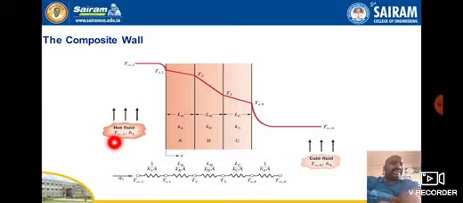To balance the energy equation, we can use this formula. The thermal resistances are: 1 divided by h1A, then for the solid materials LA by kA A, LB by kB A, and LC by kC A, and 1 by h2A.